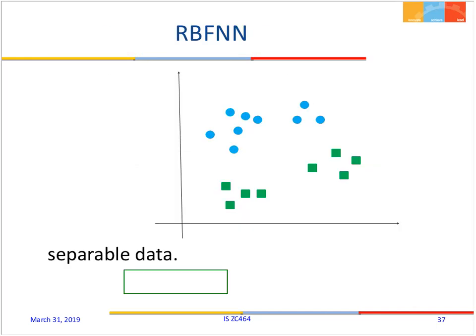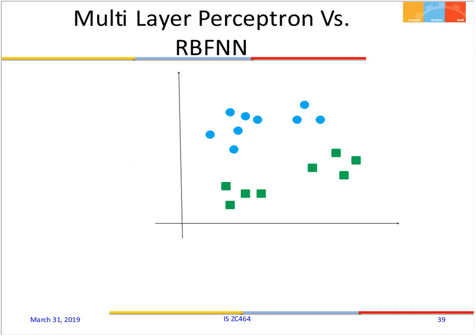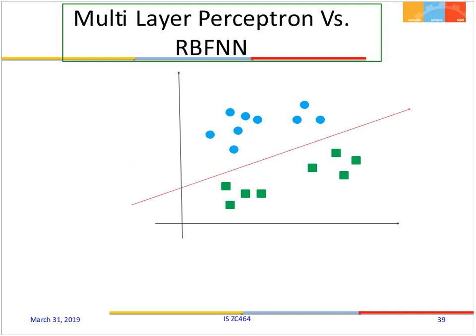So here we have a slight comparison of multilayer perceptron versus RBFNN. If you have this type of data, one with the blue dots and the other with the green squares, and you have a decision boundary as a hyperplane, you would separate the two classes with full accuracy as this, right?